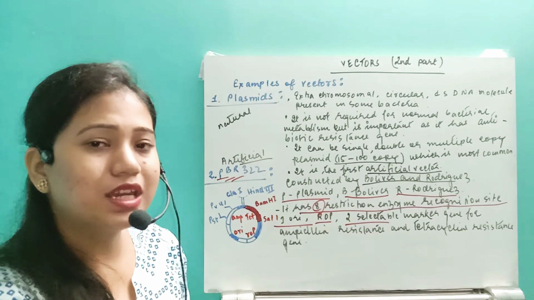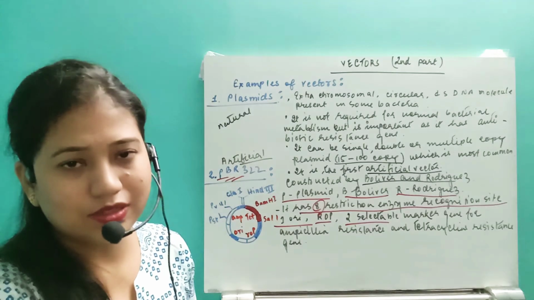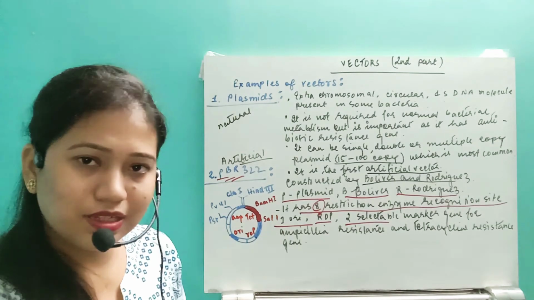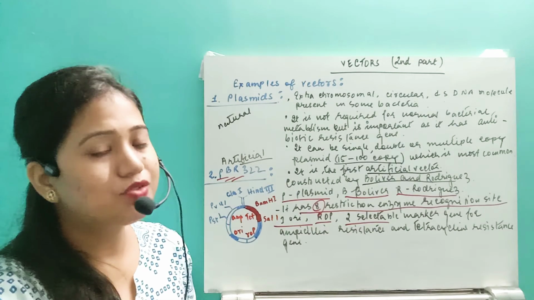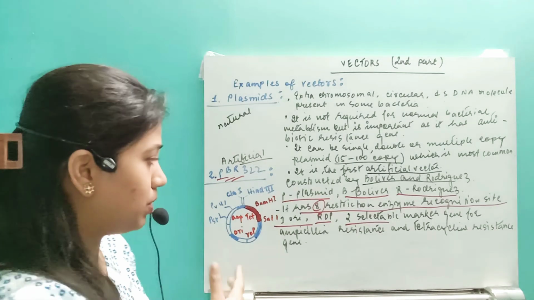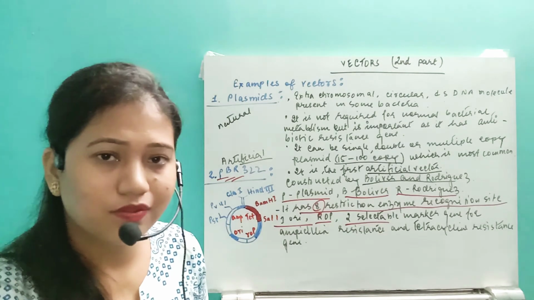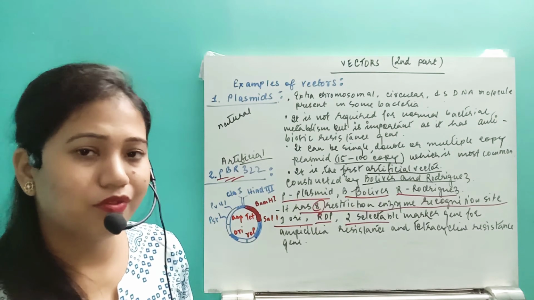Suppose a different type of bacteria which is normally growing is not going to have the ampicillin resistance. If you add the ampicillin medium, then the transformant is going to survive, and the non-transformant which doesn't have the pBR322 will not survive. So by this selectable marker we can find out the recombinant from the non-recombinant.